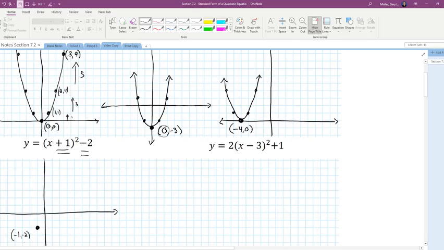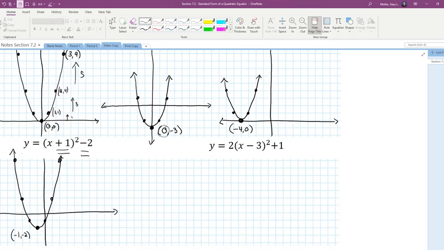Then we follow our pattern, over 1 up 1, over 1 up 3 at a minimum. Certainly doing more is great. 1, 2, 3, 4, 5. If you can fit it into your reasonable size graph, the more points the better. Just helps you draw a better picture. But at a minimum, 5 points.